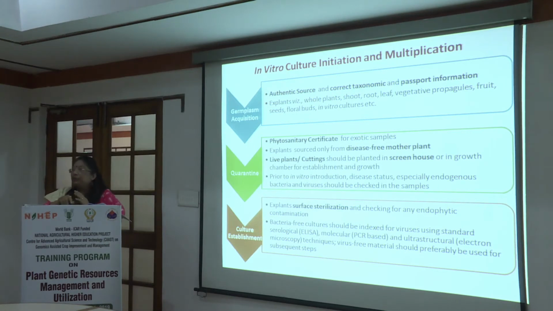For culture establishment, typically we use the protocols used for in vitro establishment. You get the explant, you sterilize it in the laminar air flow, check for any endophytic contamination, and here we have the additional step of checking for virus indexing, which may or may not be done in a typical tissue culture protocol.